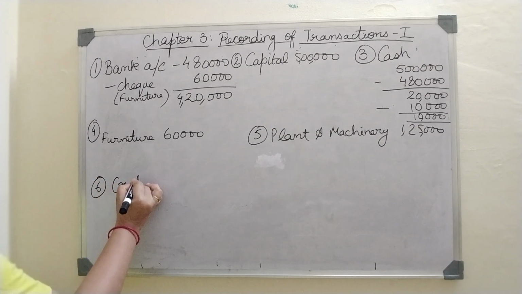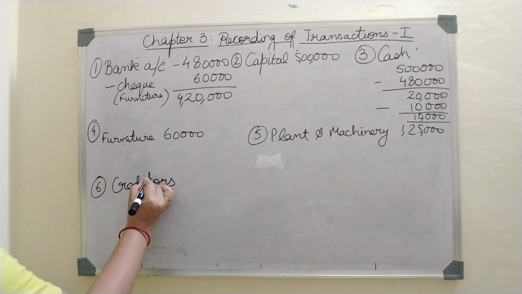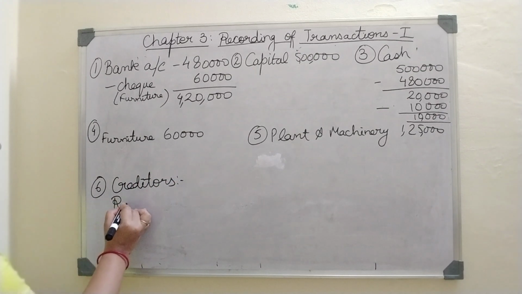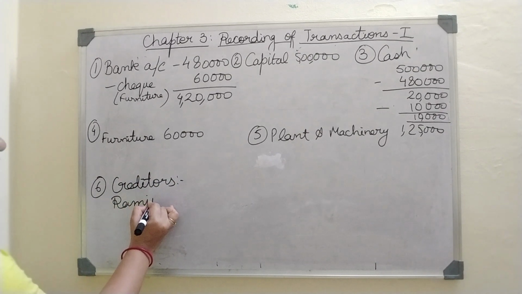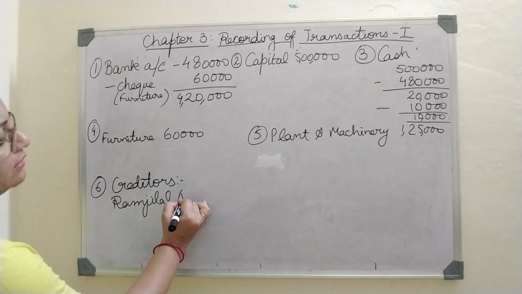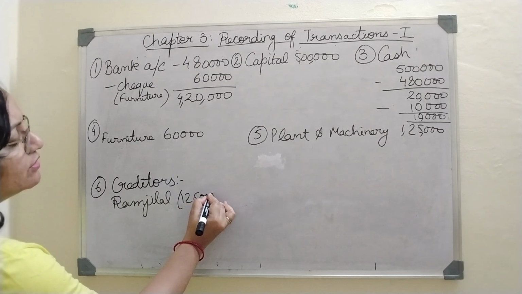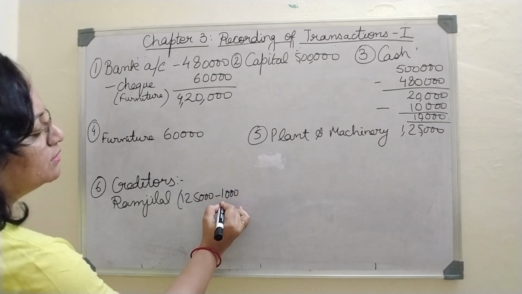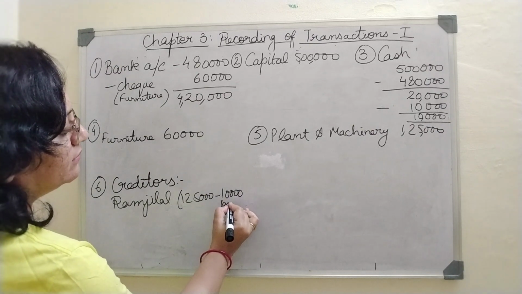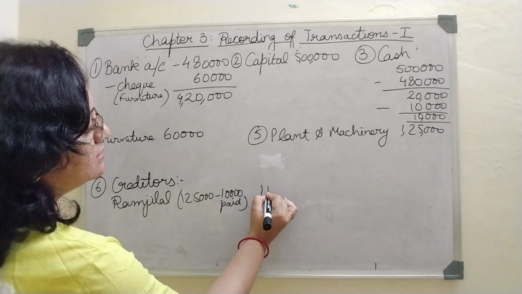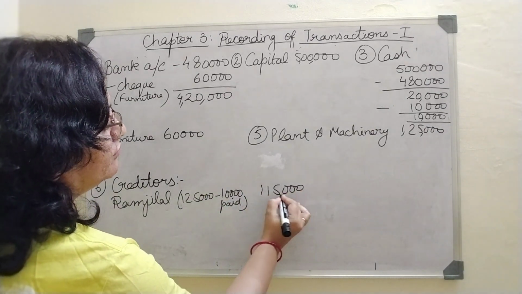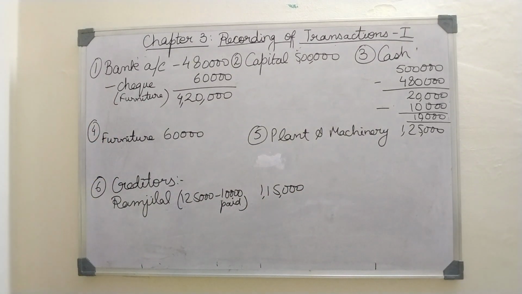So let us write Ramjilal: 1,25,000 minus 10,000 paid, right? So Ramjilal is 1,15,000. Then after this we come to the next transaction.